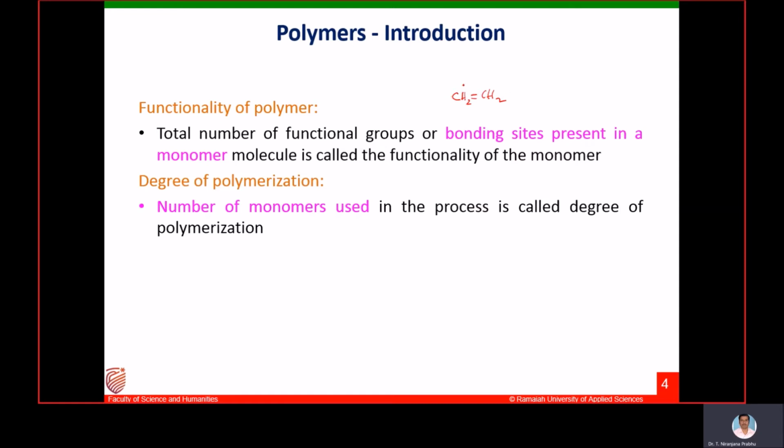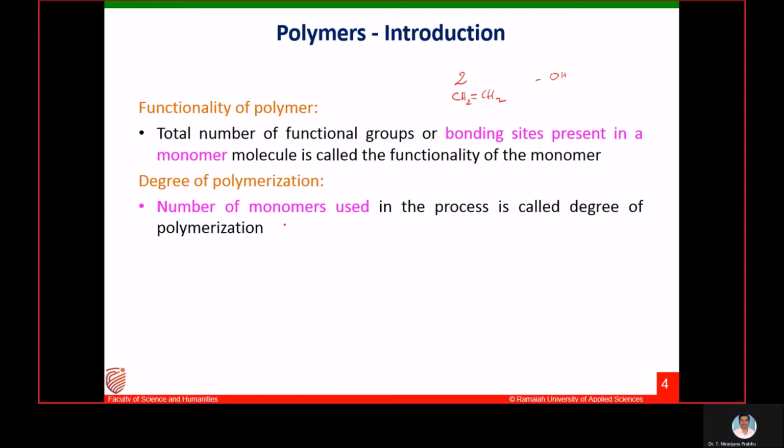These two electrons are released, they combine with another electron and can form a bond here as well as here. So it is bifunctional. The functionality of ethylene is 2. If a monomer has a functional group OH, its functionality is 1, so it can form one bond here.